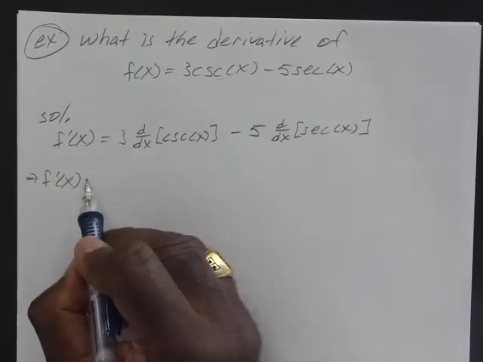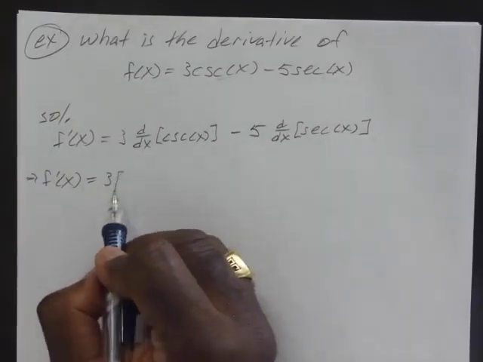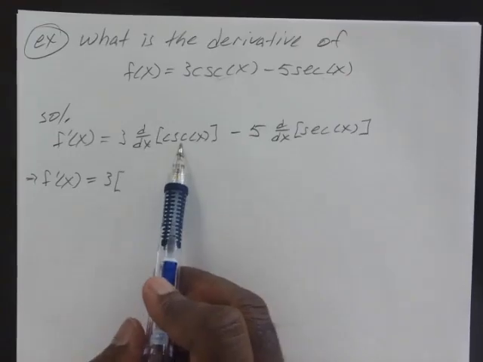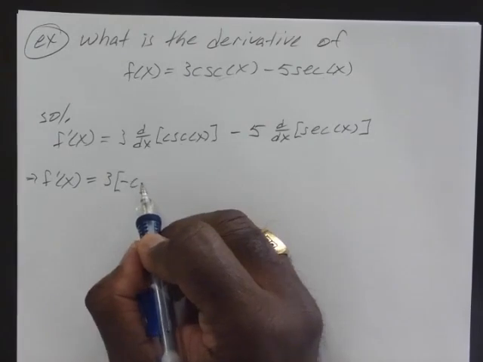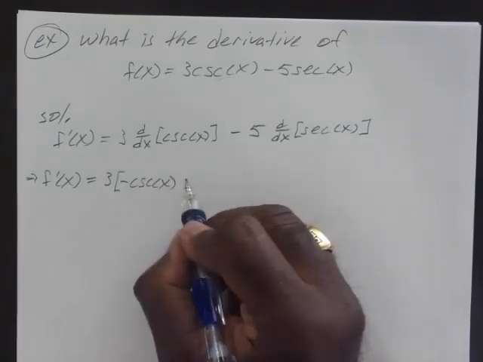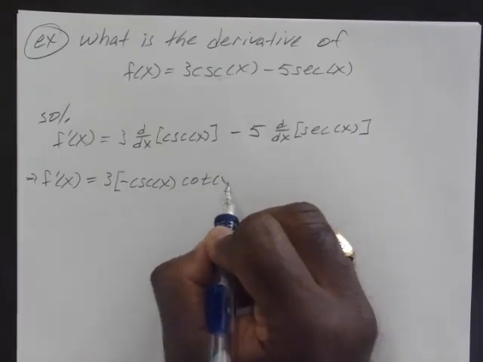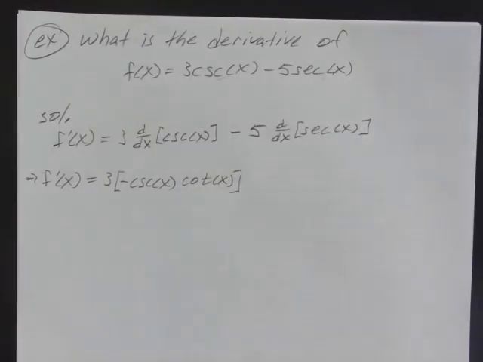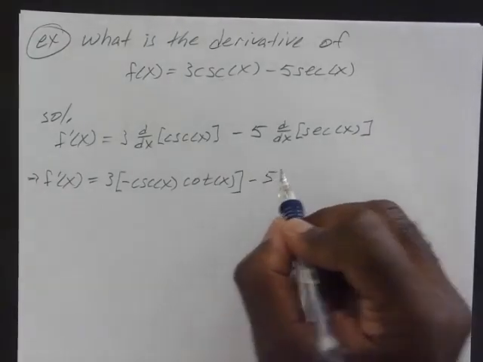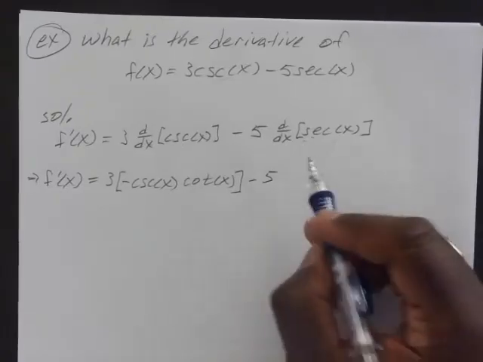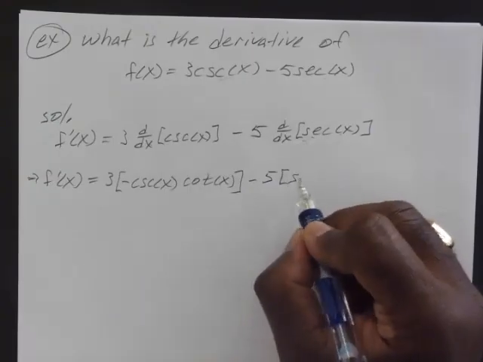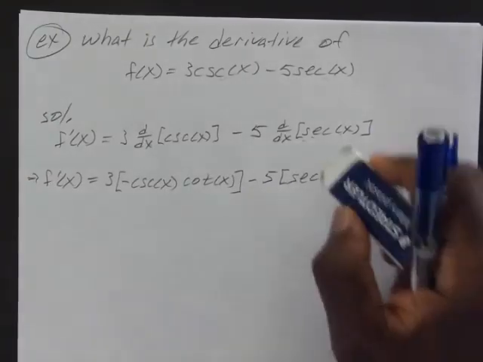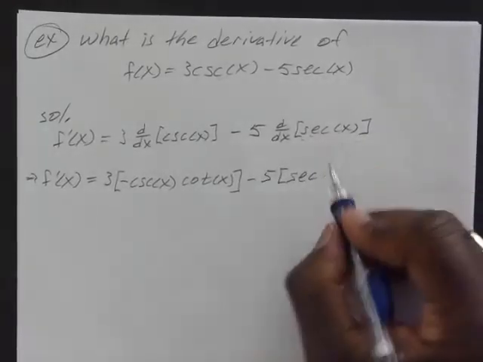Okay, so that means your f prime of x is equal to 3 times the derivative of cosecant. So we replace that with negative cosecant cotangent. Well, cosecant times cotangent of x. Minus 5 times the derivative of secant of x. You know, the derivative of secant is just secant times tangent.